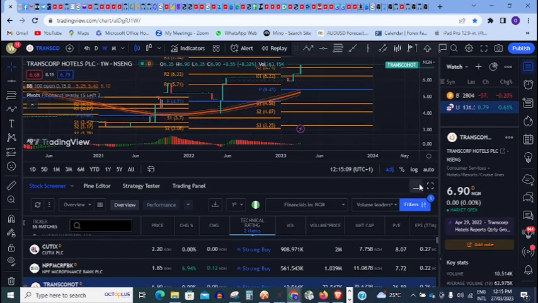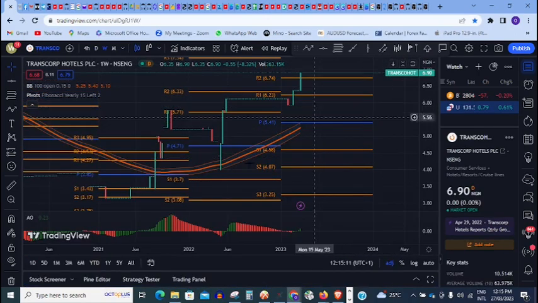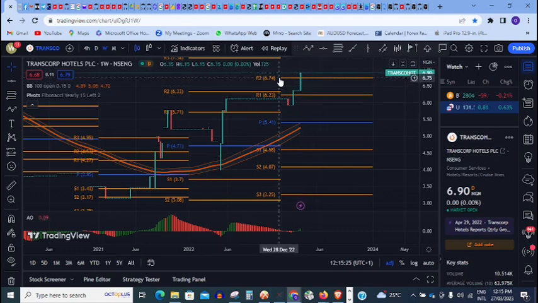Anscorp Hotel. This would have been the best entry for this stock, but it's a good price. This is a good buy opportunity, but the price is too high for me.